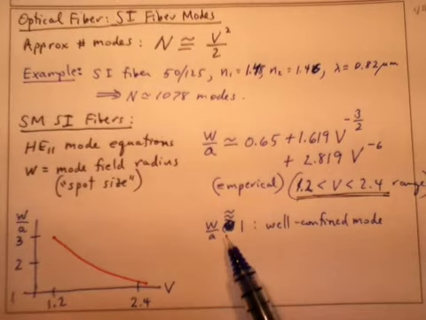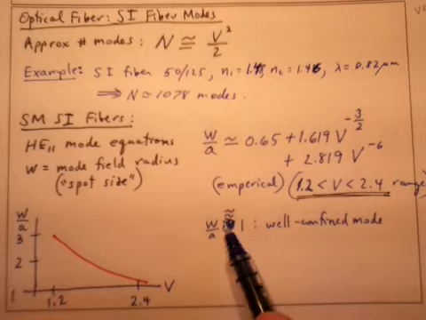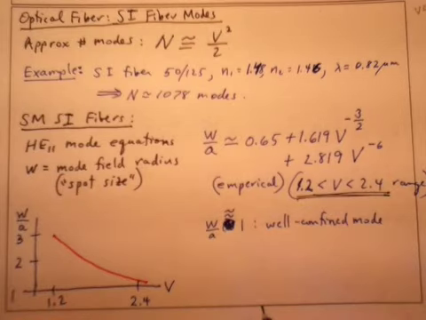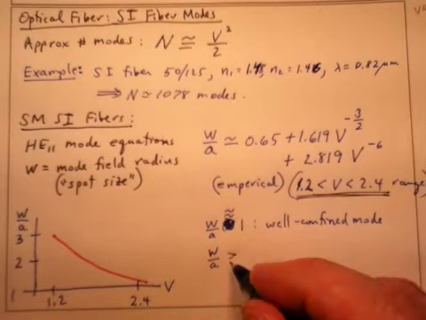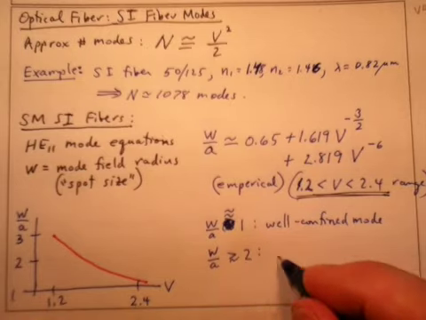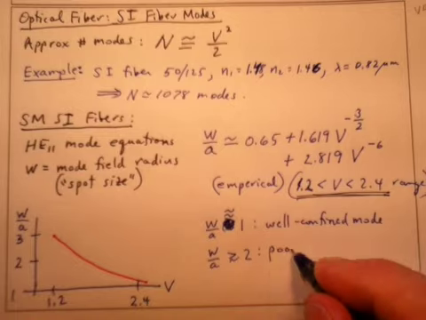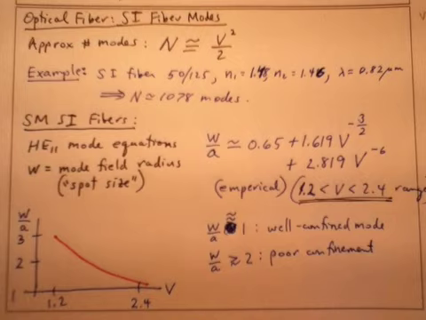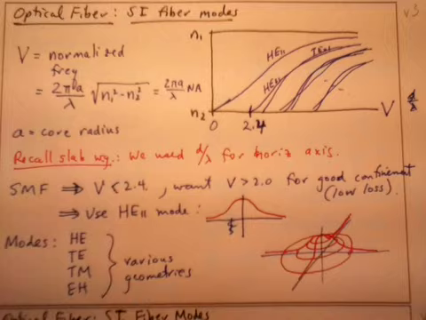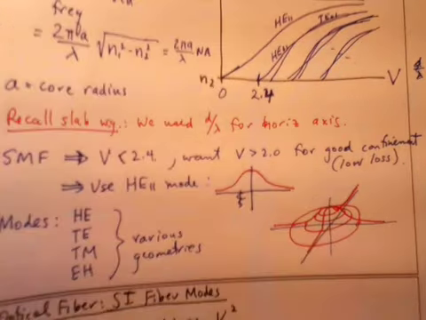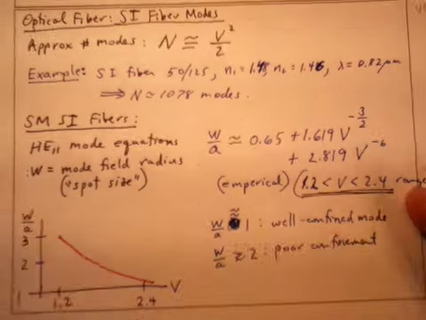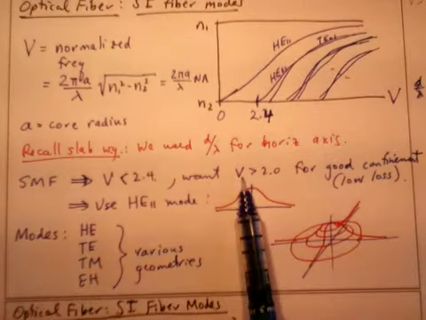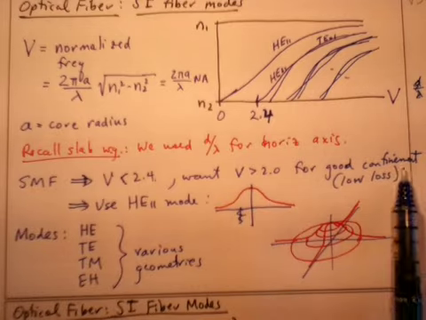We're going to say when W over A is approximately equal to 1, we have a well-confined mode. When W over A is greater than or about equal to 2, we have poor confinement. Okay? And so this illustrates the mode confinement for that lowest order mode. It's consistent with what I said above here. For V greater than 2, we have good confinement and low loss.